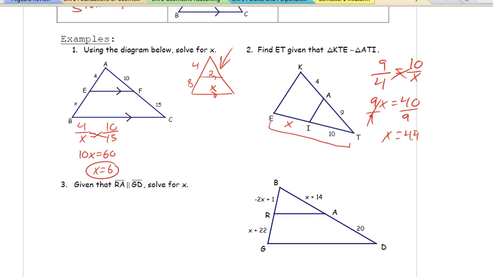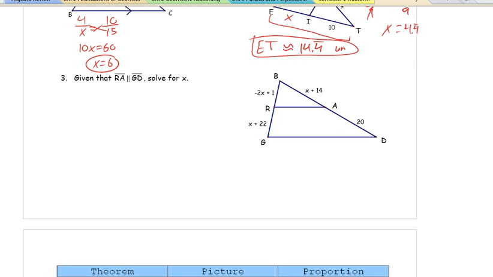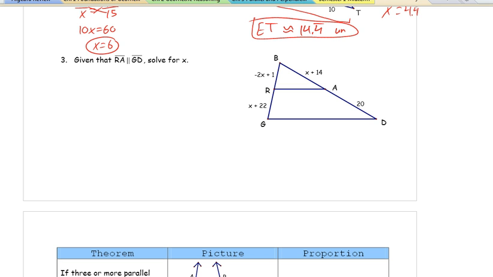So ET's about 14.4 units, we'll call it. Okay, so again, you're setting up a proportion. 9 over 4 equals 10 over x.